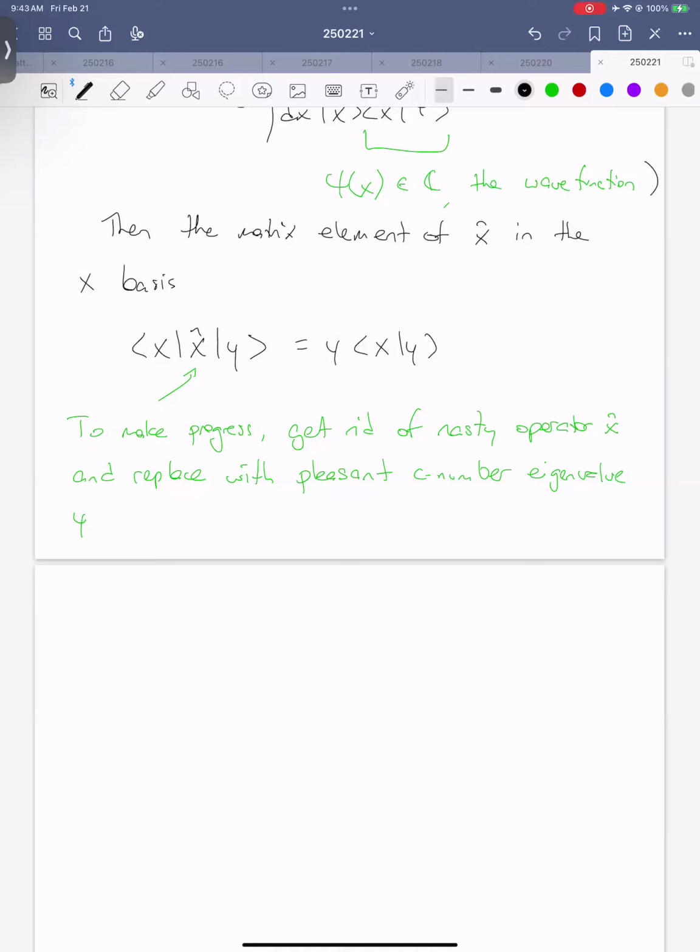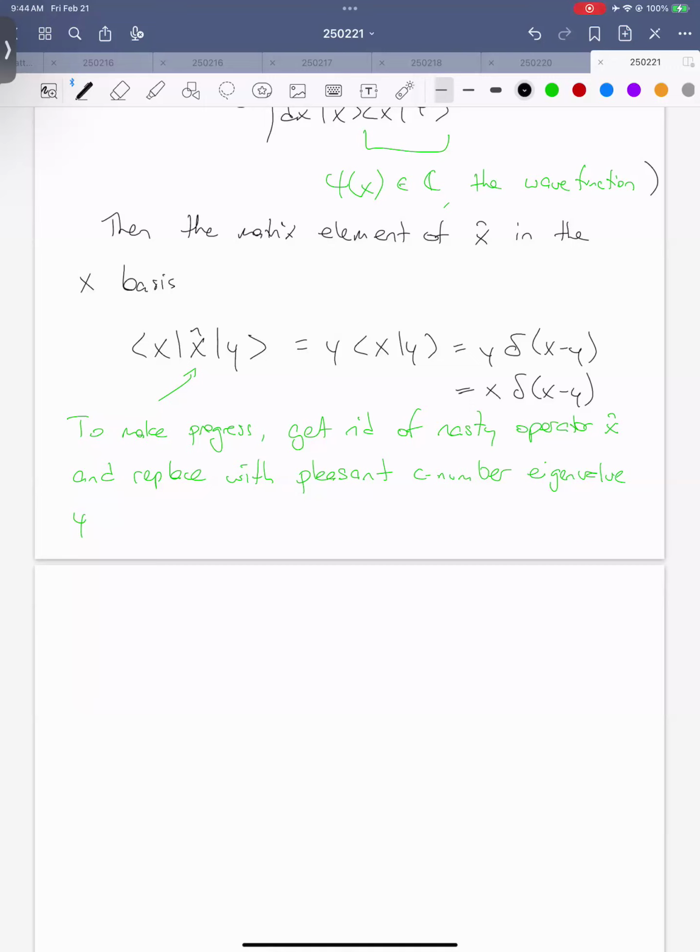Because we're in a complete orthonormal basis, we know that overlap is the Dirac delta function. And because the Dirac delta function in a physicist sense is zero whenever x is not equal to y, this statement is equivalent to the statement that this is x times the Dirac delta function of x minus y. So that's our matrix element of x in the position basis.